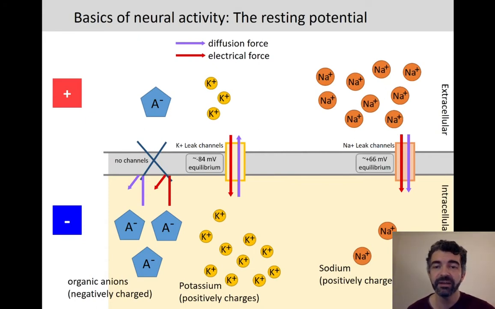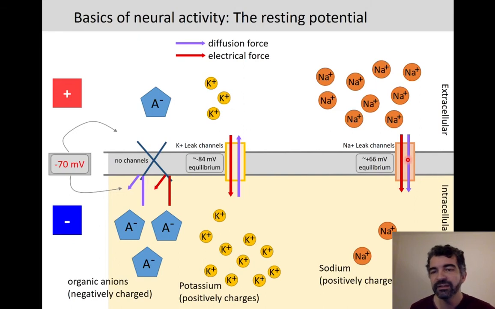But they can also reach an equilibrium, which for Na+ would be at 66 millivolts. So at plus 66 millivolts, this is when Na+ is at its equilibrium, meaning that the diffusion force and the electrical force would both be at zero.